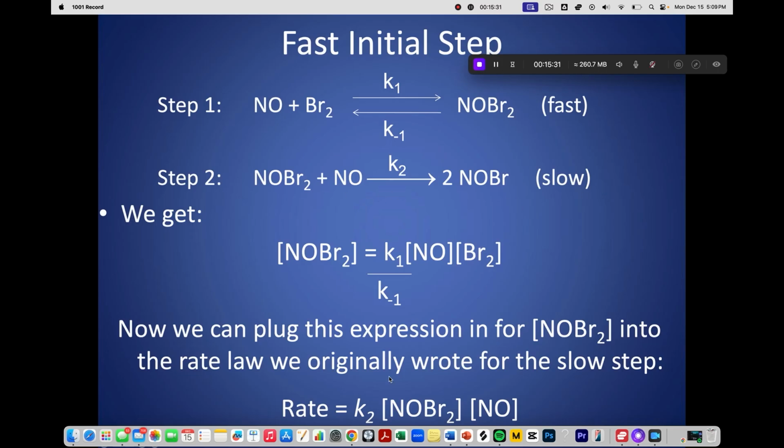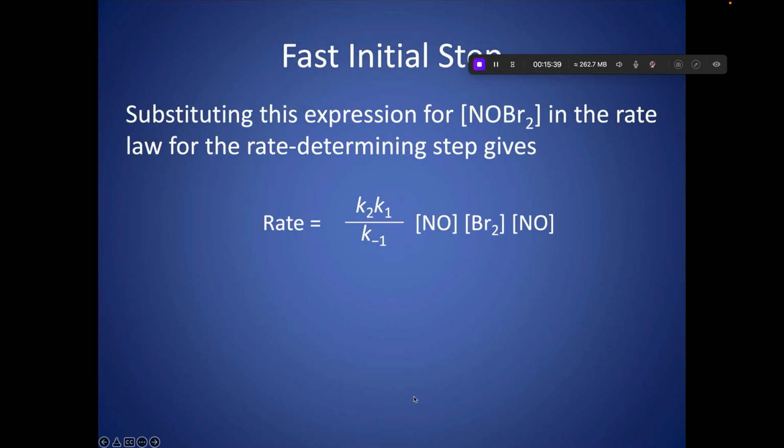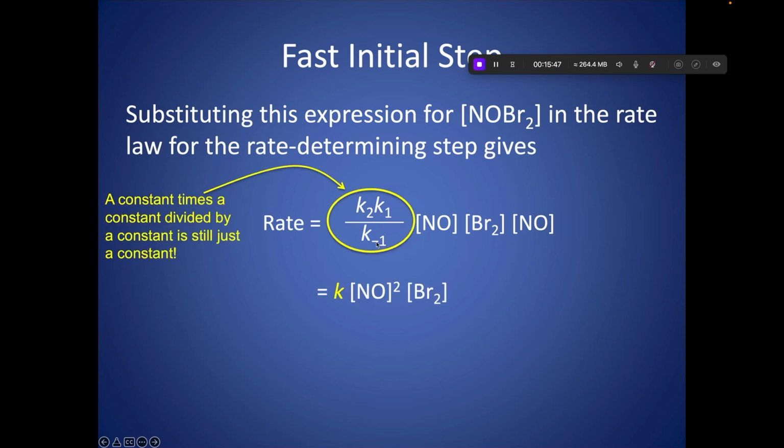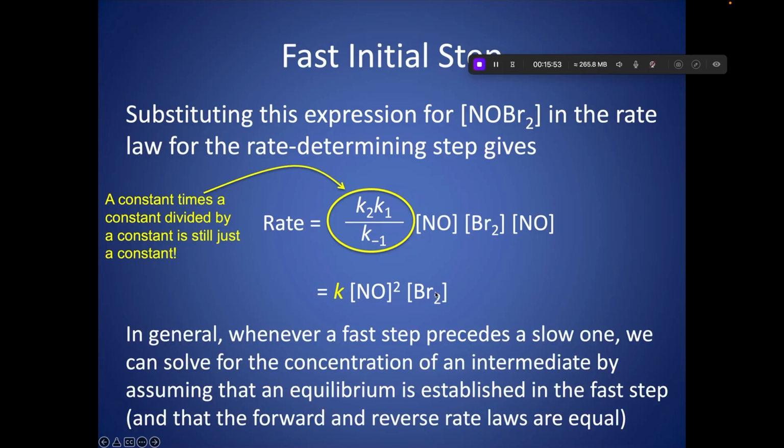So the rate law of the slow step we said was k NOBr2 NO. So I'm just going to take this and plug in place of NOBr2. And I have this bunch of k's, but a constant times a constant divided by a constant is still a constant. So I'm just going to make that k. NO squared, because there's two NOs, Br2.